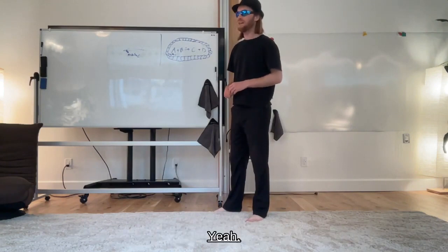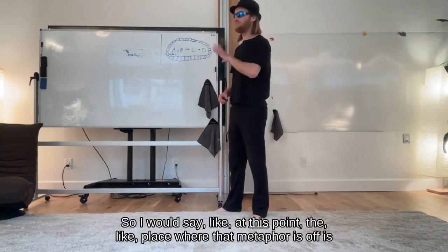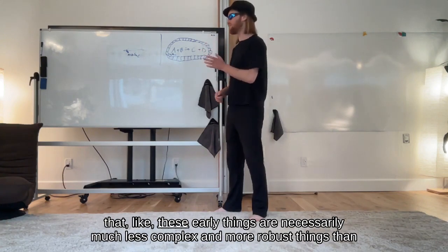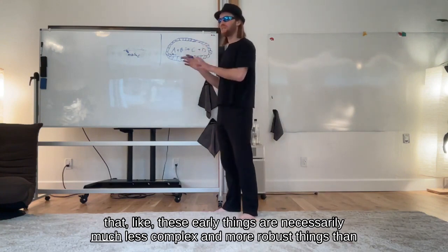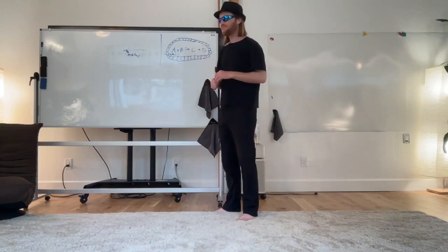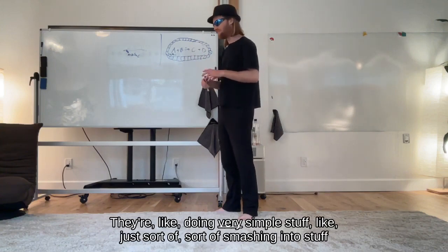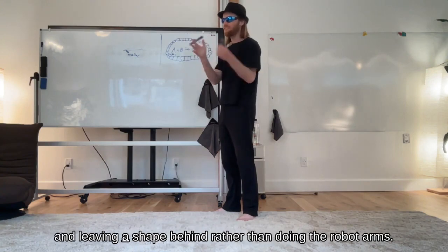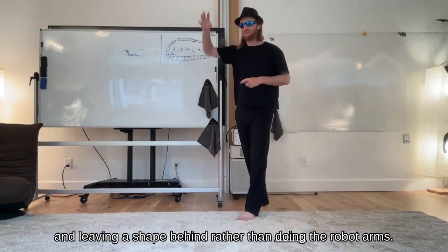So I would say, at this point, the place where that metaphor is off is that these early things are necessarily much less complex and more robust than robot arms. They're doing very simple stuff, like just smashing into stuff and leaving a shape behind, rather than doing the robot arm thing.